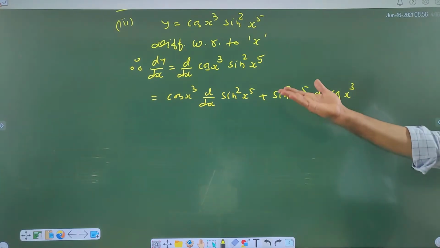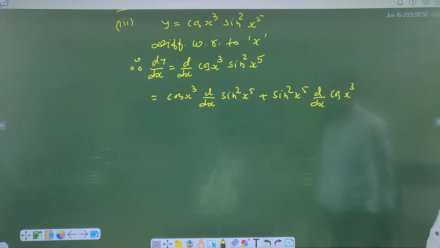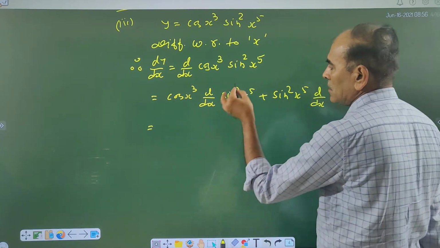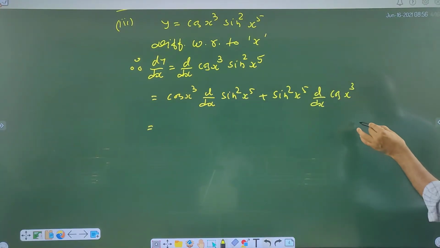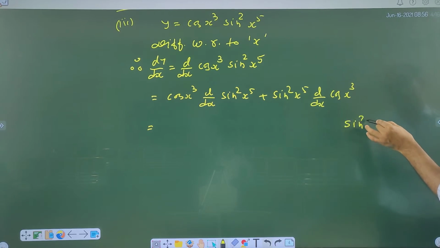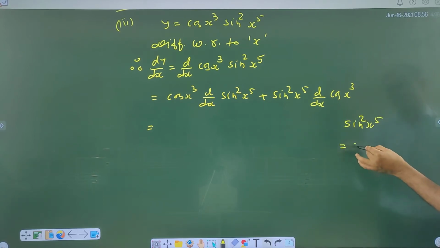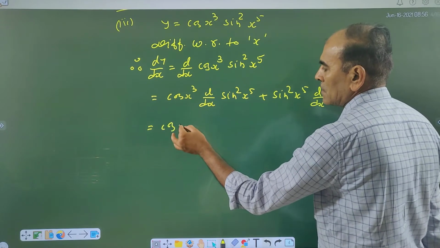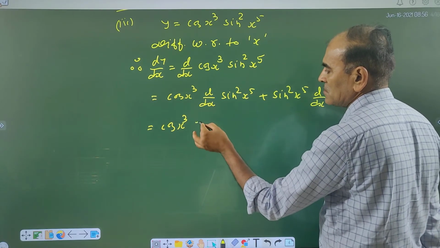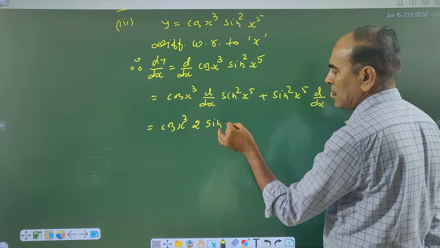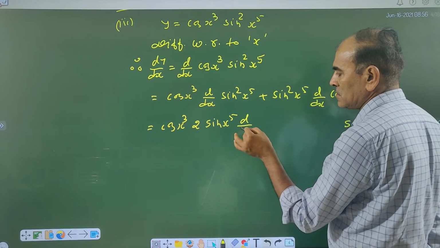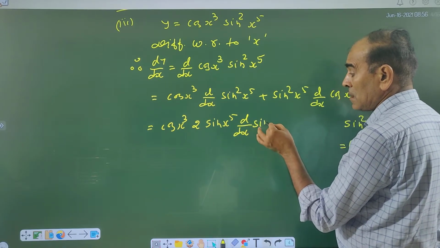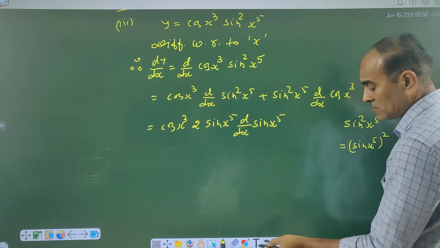Okay, this is the product rule. Now, what is the meaning of this? Sin square x raised to 5 is (sin x raised to 5) whole square. So some function square is given: cos x cube, some function square, 2 times some function, d by dx of some function.